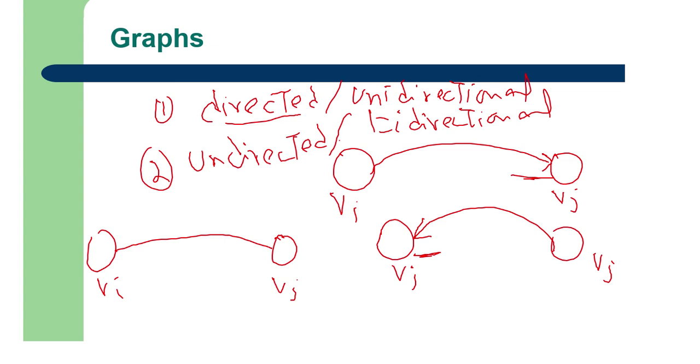Now if there are 4 vertices, there is a vertex V1 and we call this vertex city 1. For example, this is Islamabad, this is a second city, Rawalpindi, and we label it as V2 or city 2.